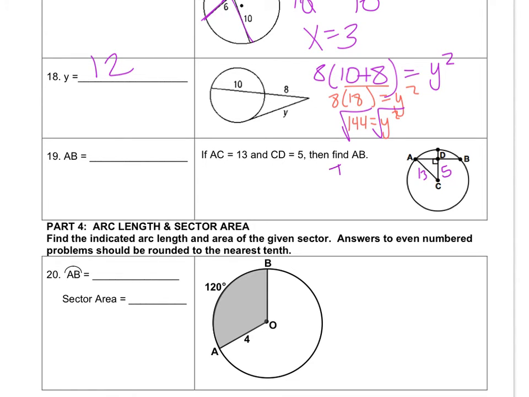This is a triple. It's 5, 12, 13. So that blank is really a 12. So if this part is 12, then D to B is also 12, and the problem asks for AB, so we're looking for this whole distance, and 12 plus 12 is 24.